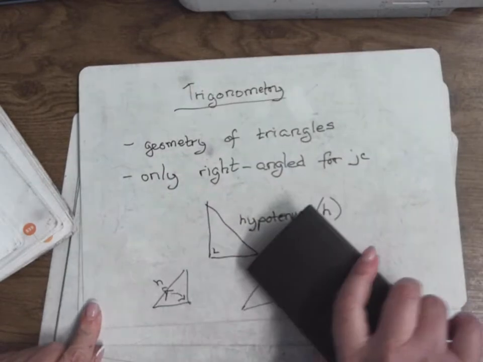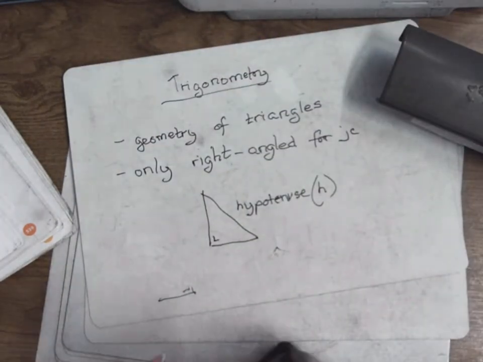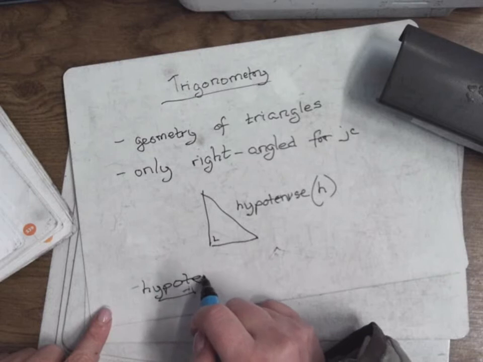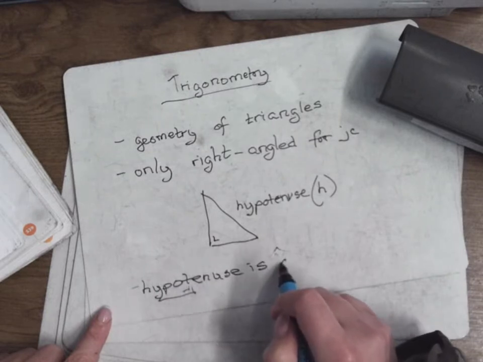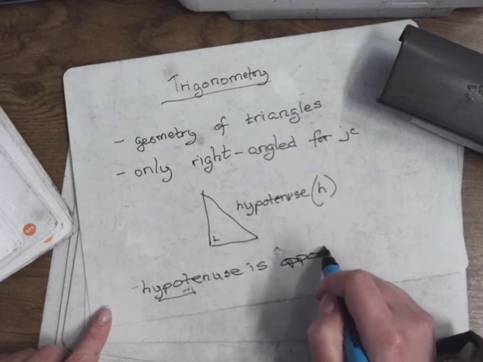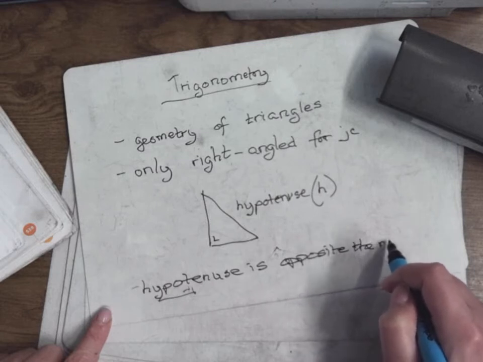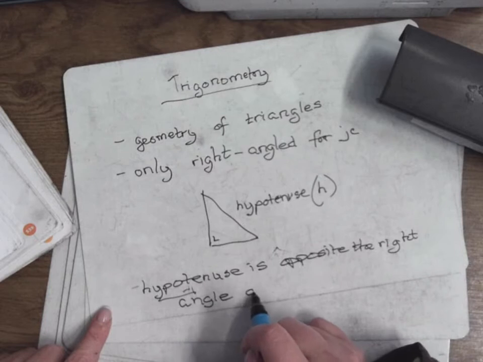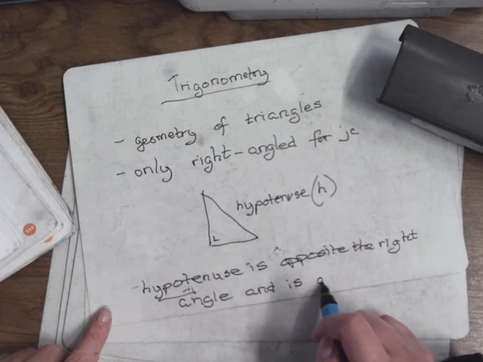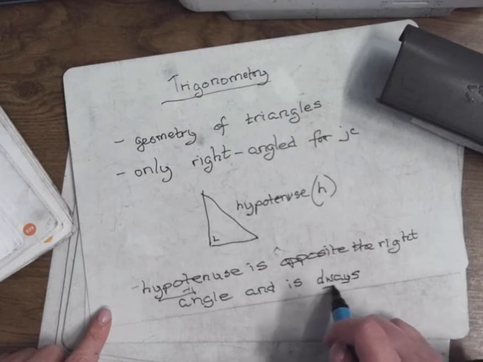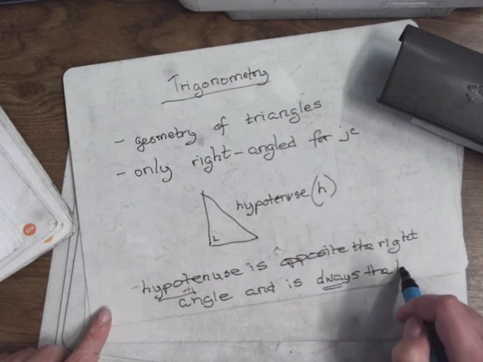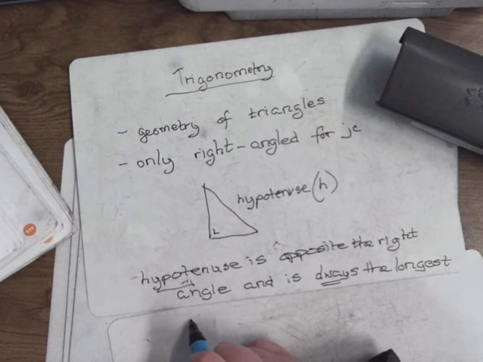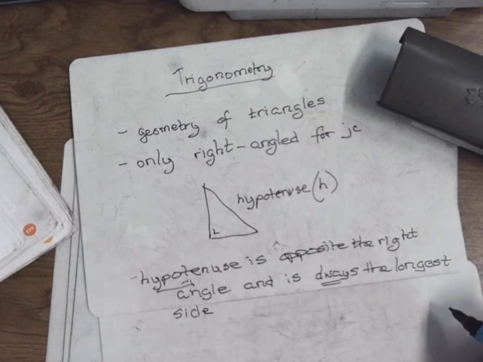Right, okay, so the hypotenuse is opposite the right angle, and it's always the longest side.